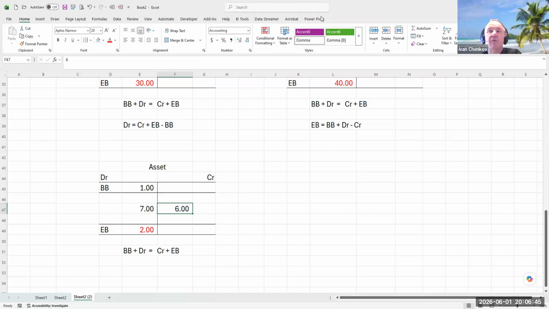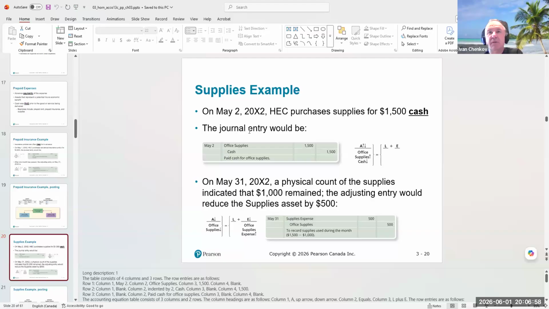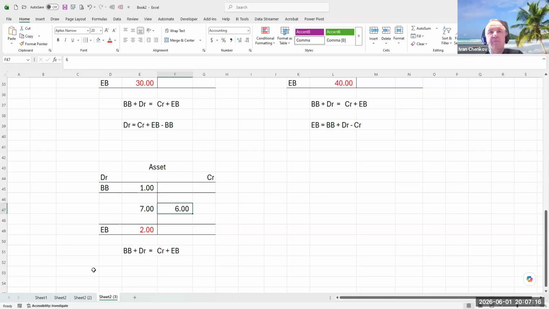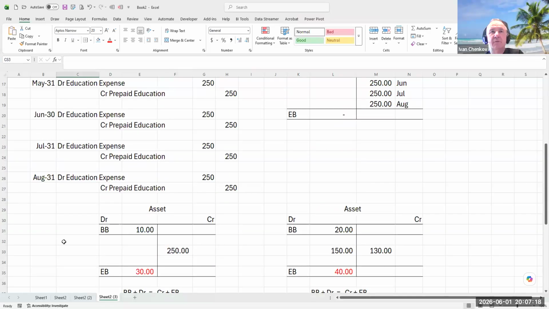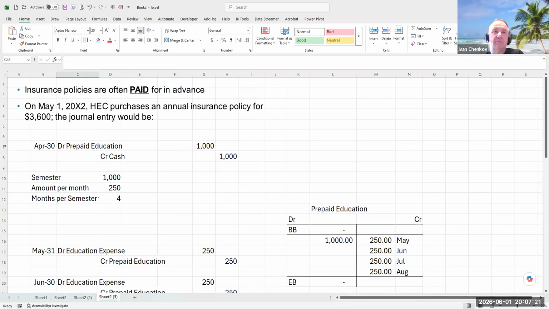Now let's move on to our second adjusting entry. We move from the prepaid expenses. Let's go to another one. Supplies. Now watch this. I'm going to copy this and move back to the Excel. Now I have to do some cleaning here.